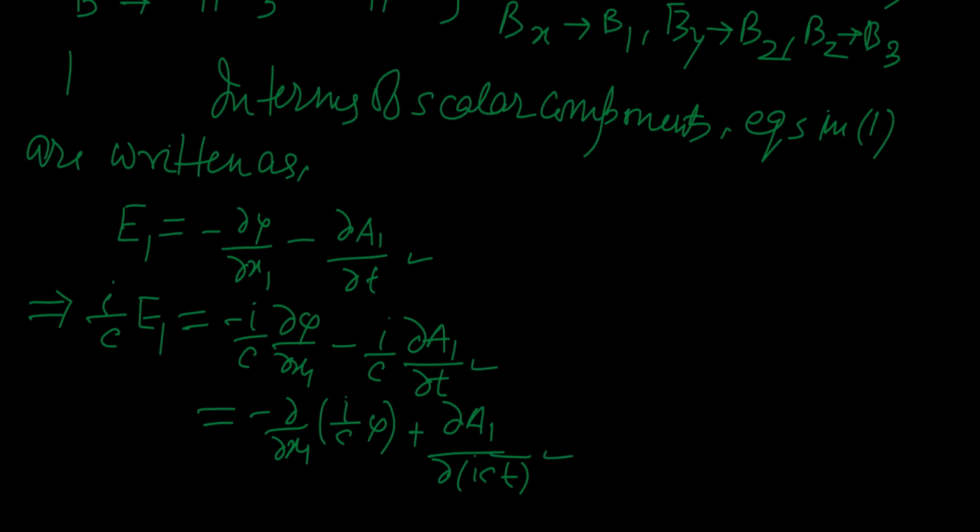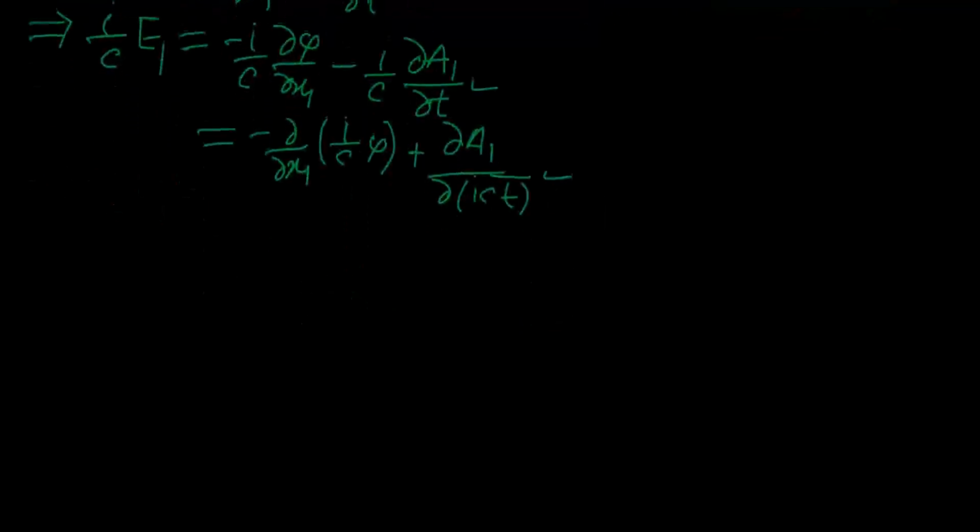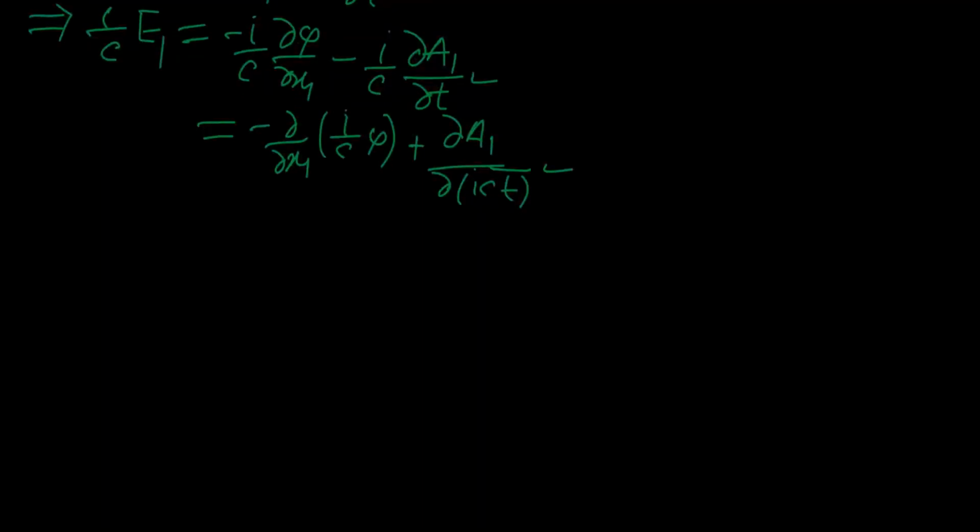Now, as we know, when we studied the 4-vector potential, you have seen this i over c times phi is the fourth component of the 4-vector potential denoted by the symbol A4.